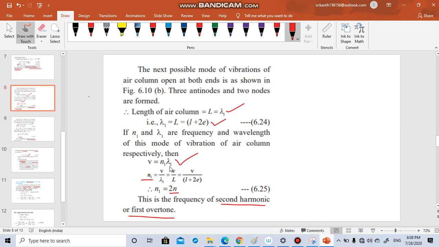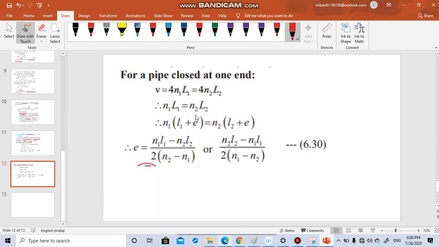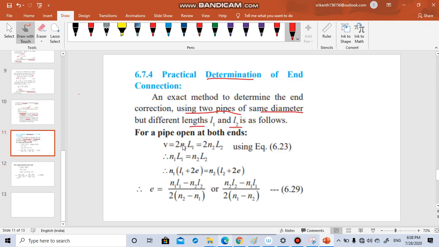Which frequency are we talking about? We are talking about the fundamental frequency. So for a pipe open at both ends, what is the velocity formula? It is frequency into L1, but frequency is 2n1. Here it will be 2n2. Why did the frequency change here? Because length changed.